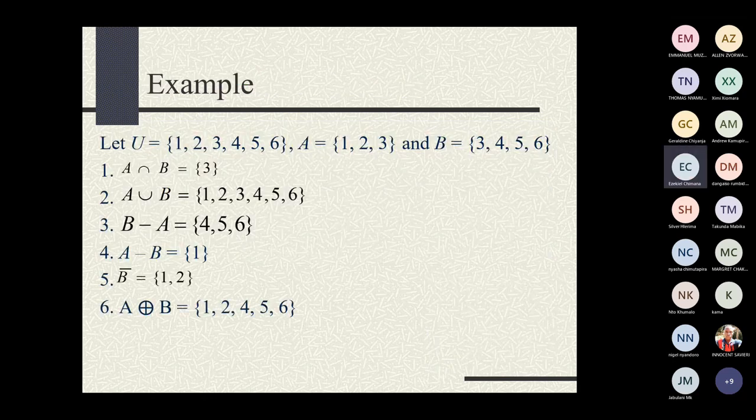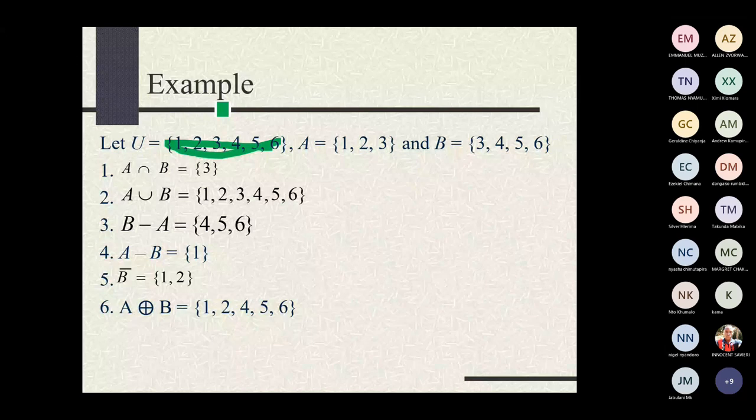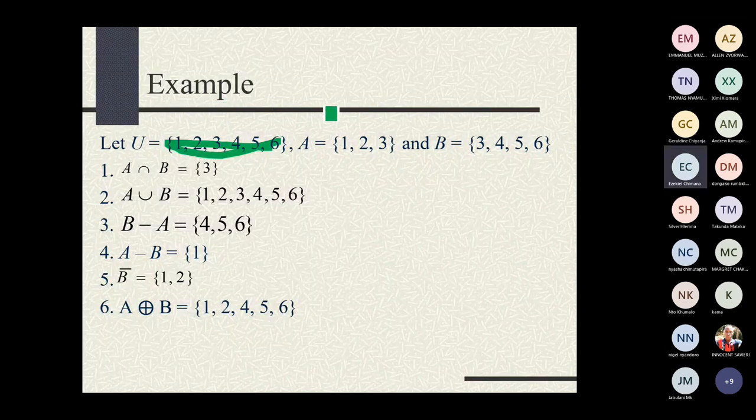So here is just an example for you, where the universal set is 1, 2, 3, 4, 5, 6. This is the universal set that we have. And then A is 1, 2, 3, B is 3, 4, 5, 6. And then we are being asked to find A intersecting B. What could be our A intersecting B?